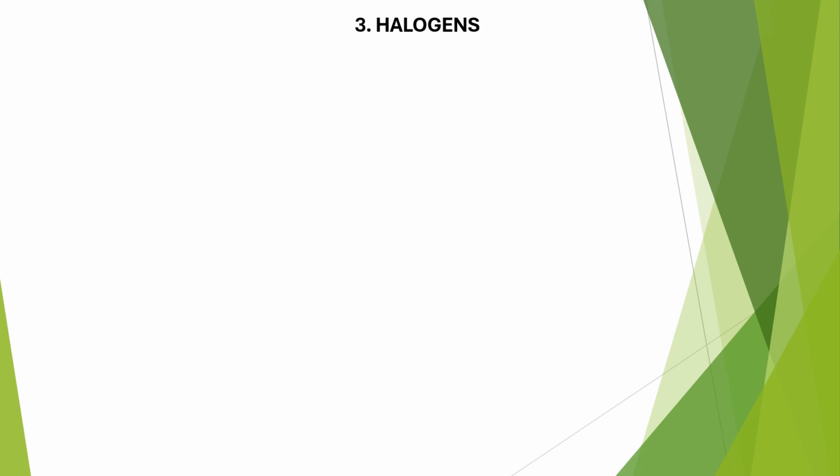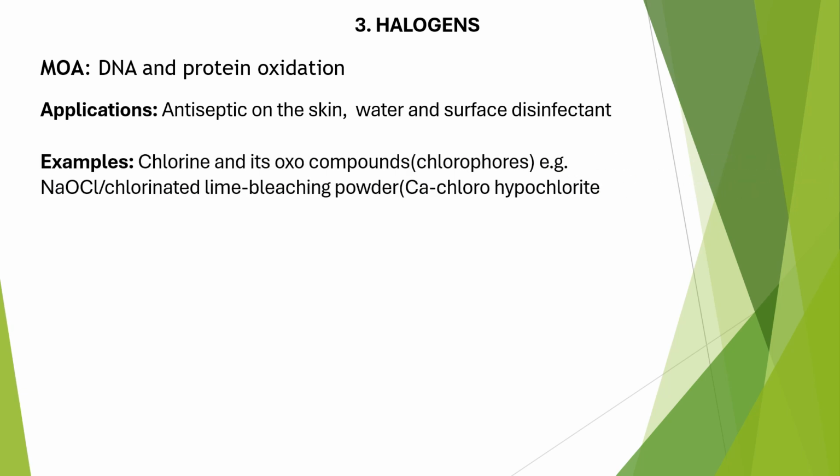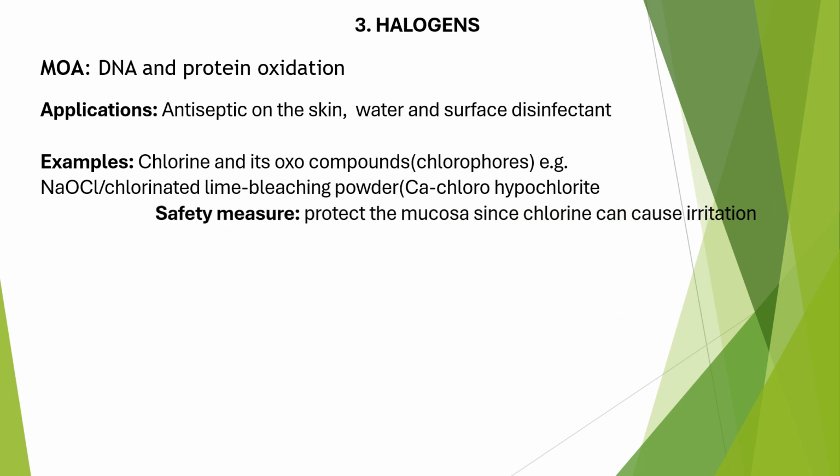So the next classification, we have the halogens. They cause DNA and protein oxidation, and they are used as antiseptics on the skin, and they can also be used in water disinfection and surface disinfection. So we have chlorine and its compounds. We know the compounds that you're talking about.